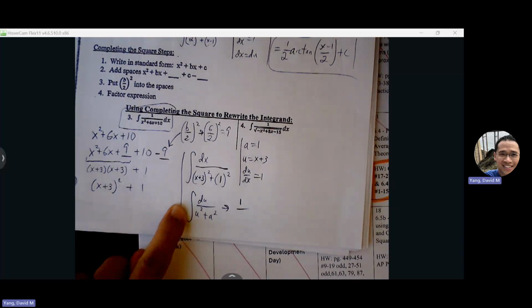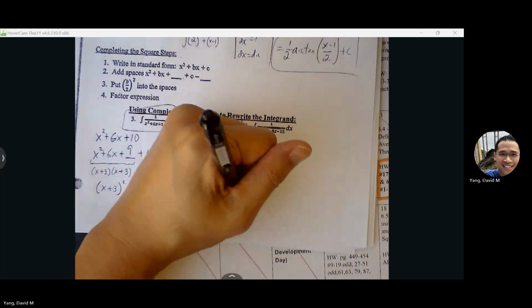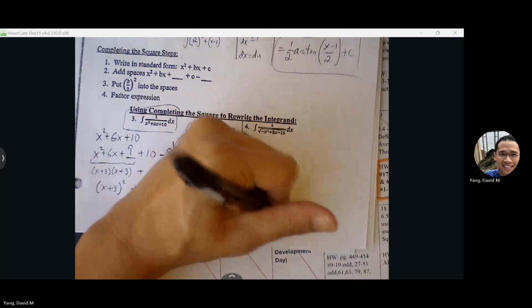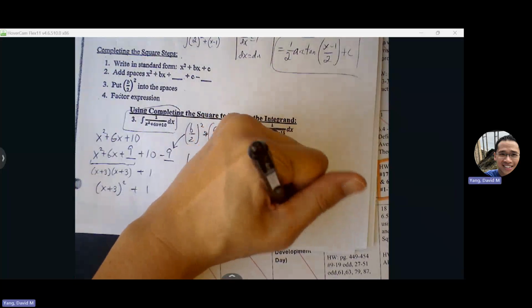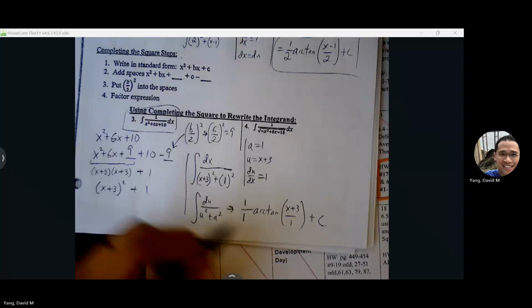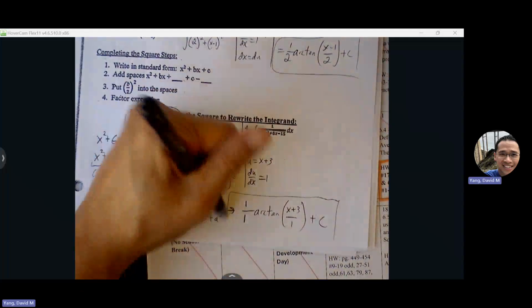There are no additional coefficients, so there's nothing to include besides 1 over a. What's our a value? Just 1, right? Arctangent of u over a. So arctangent of x plus 3 over 1, plus c. I don't need the ones here. I can drop the ones, but ultimately, this is my antiderivative.